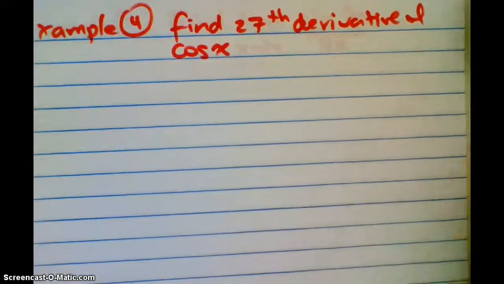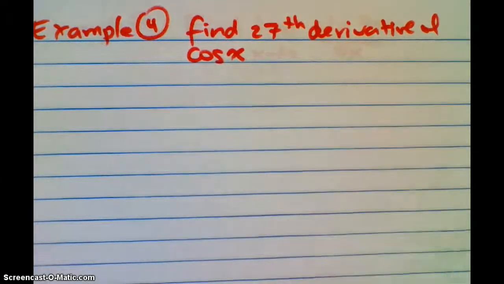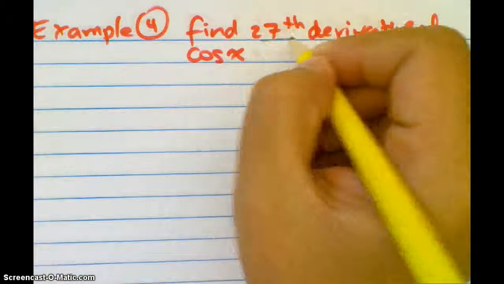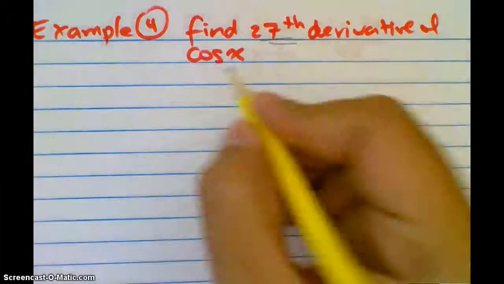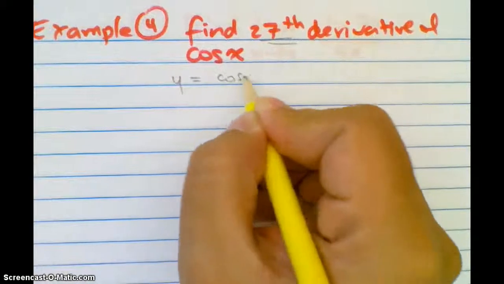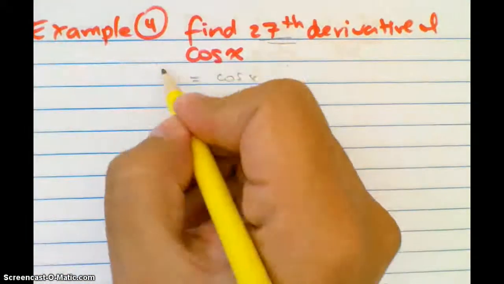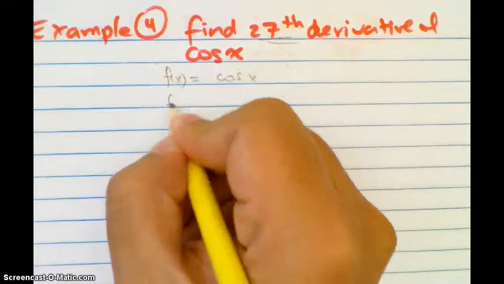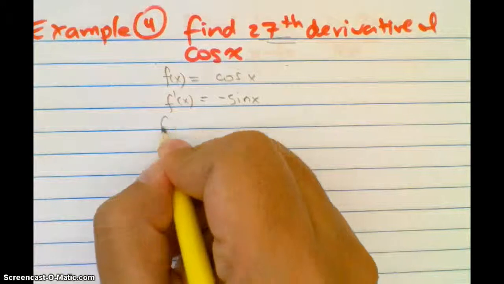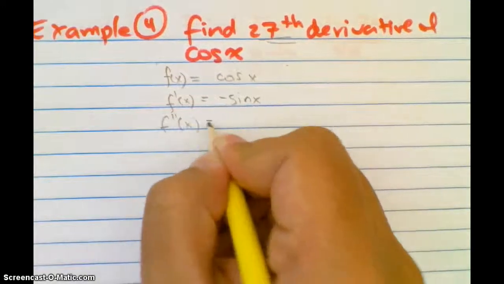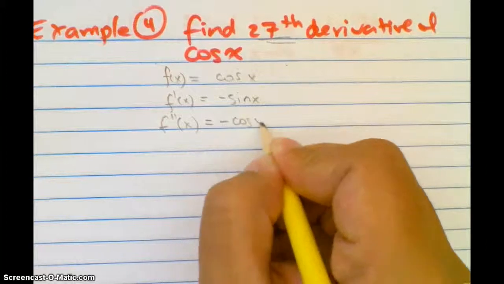In example 4, I have to find the 27th derivative of cosine of x. So I'm thinking that because I have to find such a high derivative that there's going to be some pattern. So if y equals cosine of x, let me call it f of x so I can keep track of how many times I'm doing this. f of x equals cosine of x, f prime of x will be negative sine of x, and then f double prime of x will be negative of the derivative of sine of x, which is cosine of x.